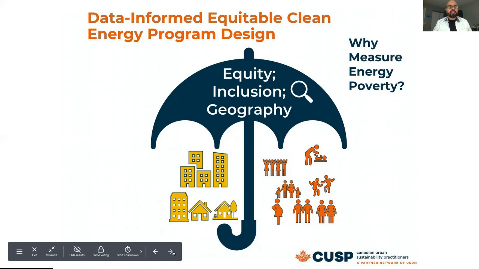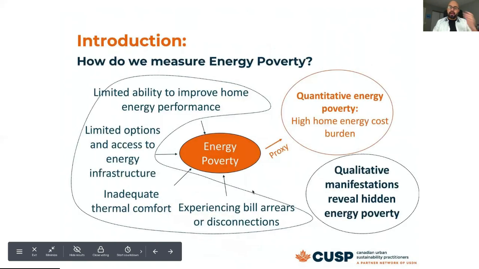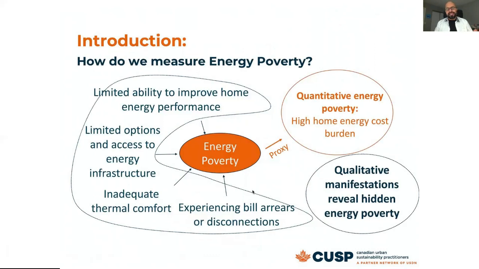Now, in order to do that, we first began by developing a quantitative proxy for energy poverty. Energy poverty is an experience of households that do not adequately heat or cool their homes, or can't afford to run appliances and so on. There are different ways in which it manifests itself. We're focusing on creating a quantitative proxy, and we're calling it the high home energy cost burden.